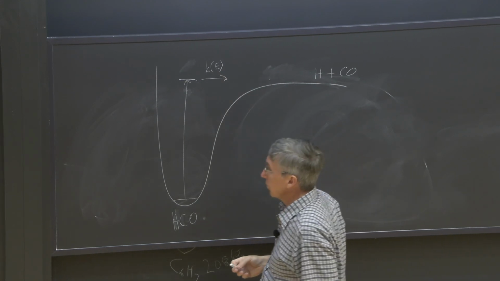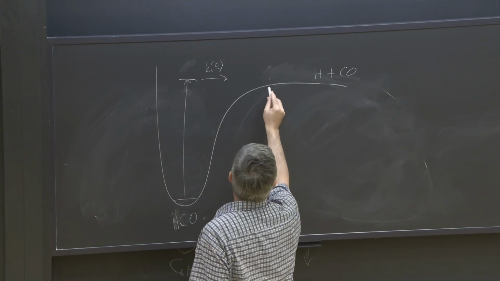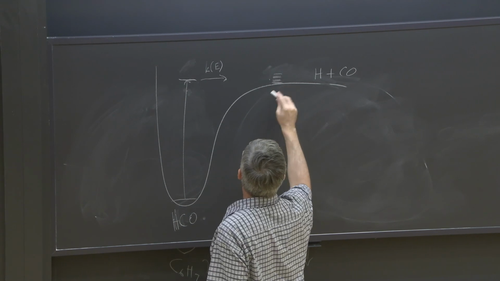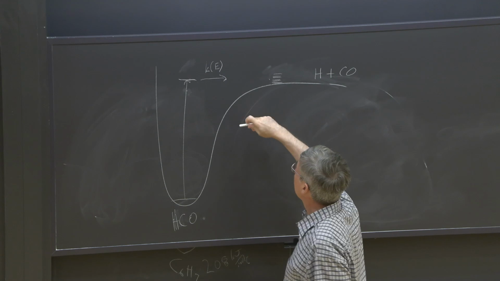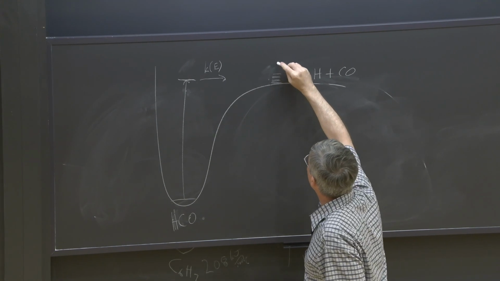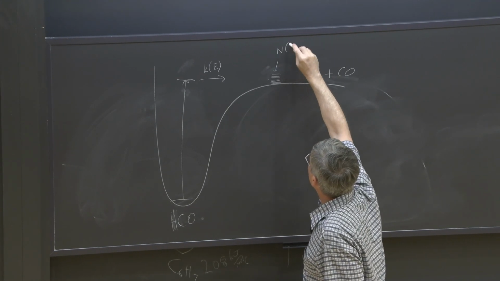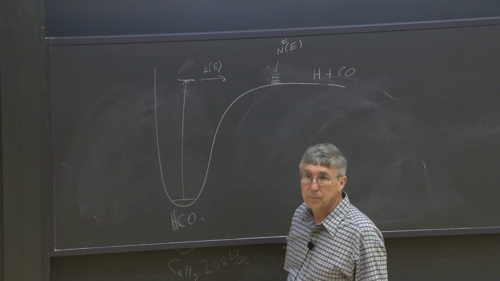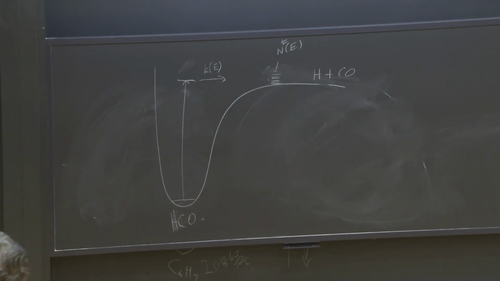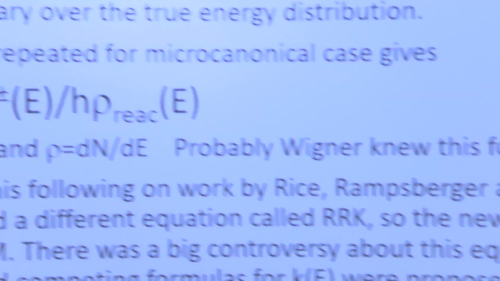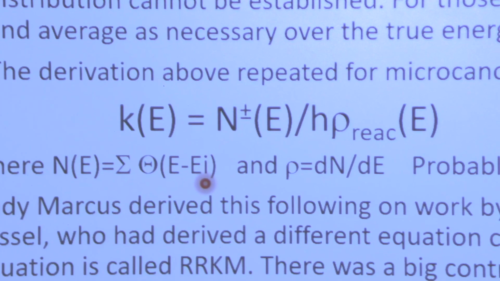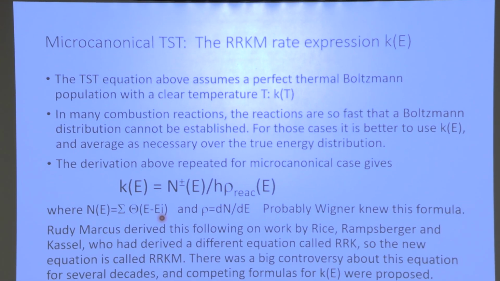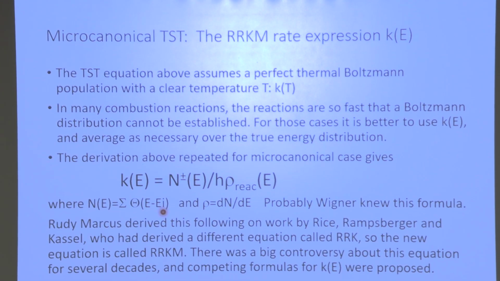And the formula for it is that we should count up how many energy states there are over here, and this number is called N of E, or N double dagger of E. And that's the formula up there, N special double dagger of E. And in the formula, there's a Planck's constant, and then there's one more thing, rho react.